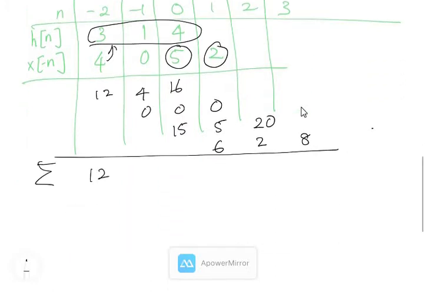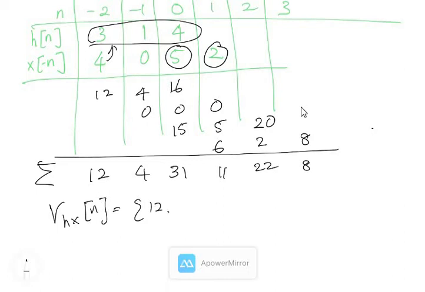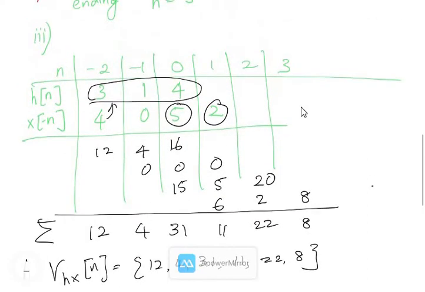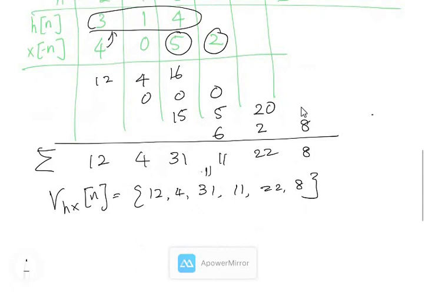So you get 12, 4, 31, 11, 22, and 8. So this one we name it as Rhx[n]. And where is the origin? Origin is at 0, so it means that it's at 31.